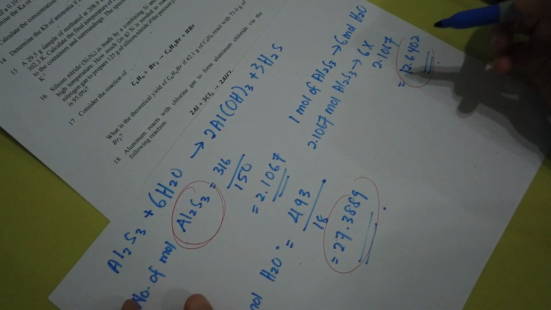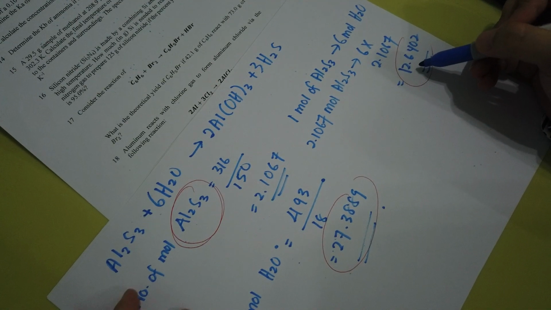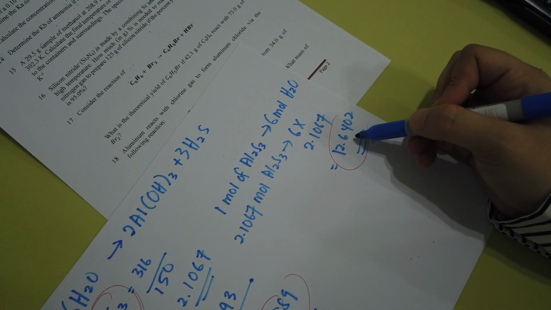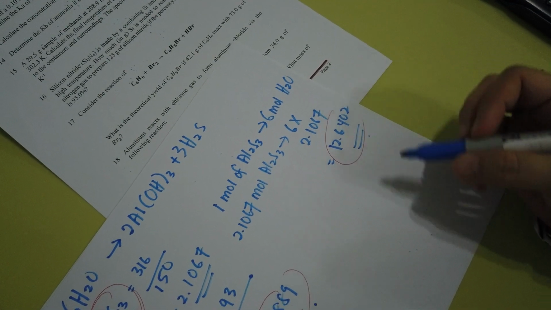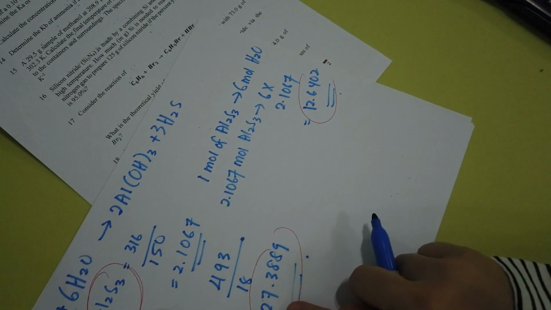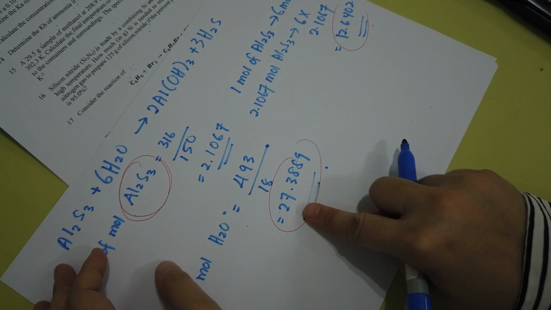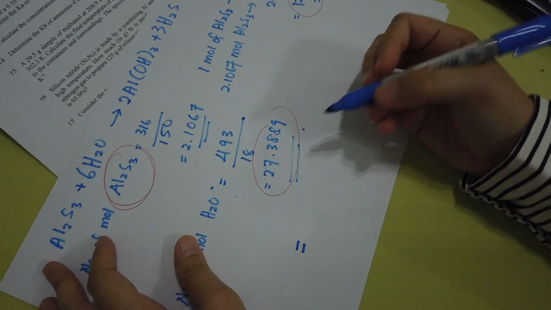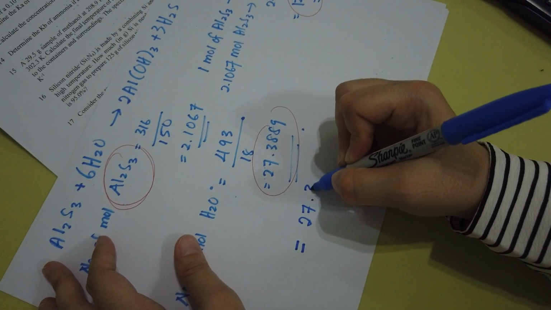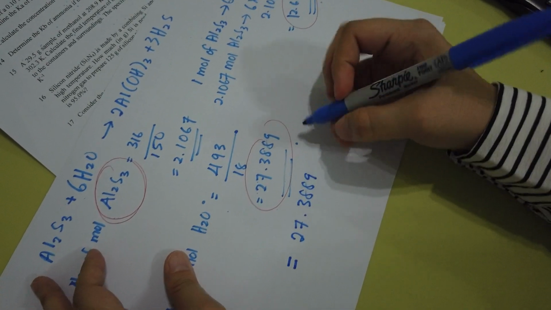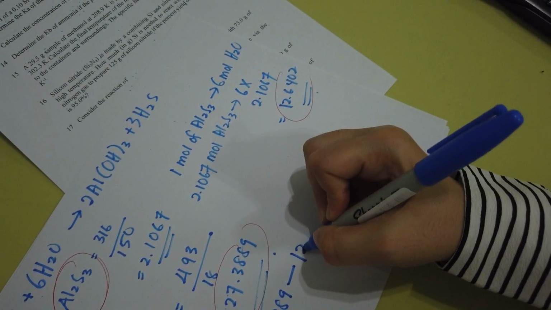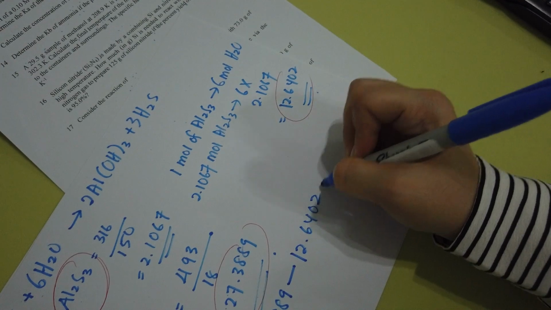So actually you need to use only 12.6402. But you have 27.3889, so the excess is 27.3889 minus the one that you actually use, which is 12.6402.